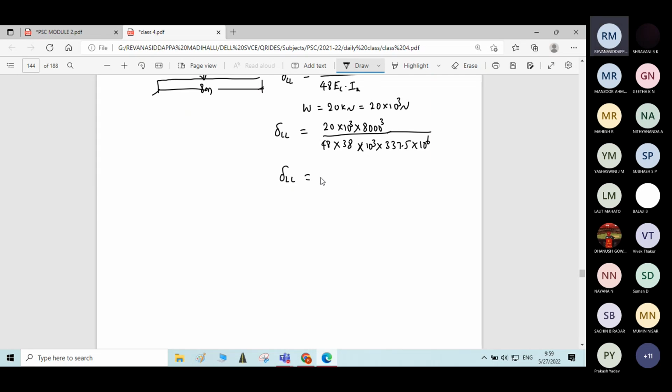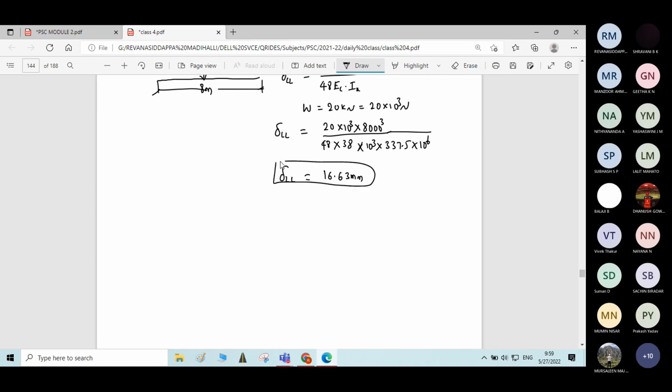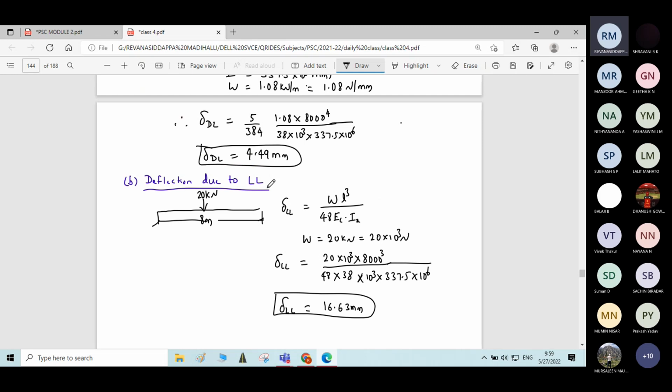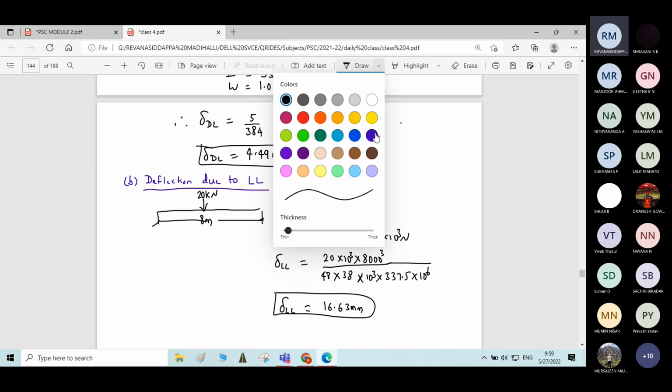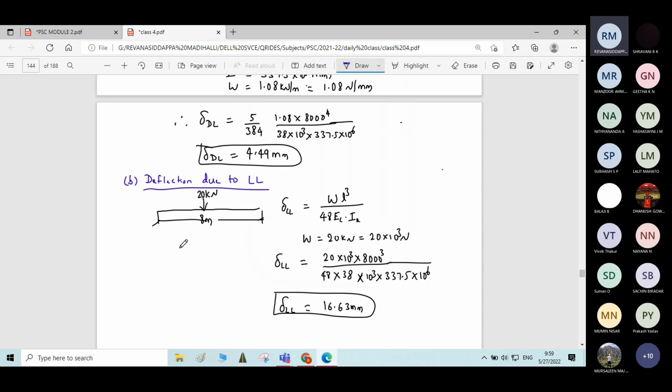Calculate the answer and check your answer. It is 16.63 mm. With this, deflection due to live load is over. One more type of deflection is remaining, which is deflection due to prestress.